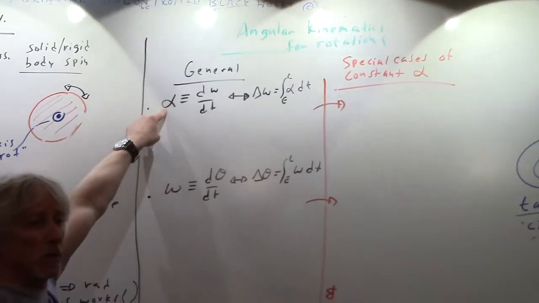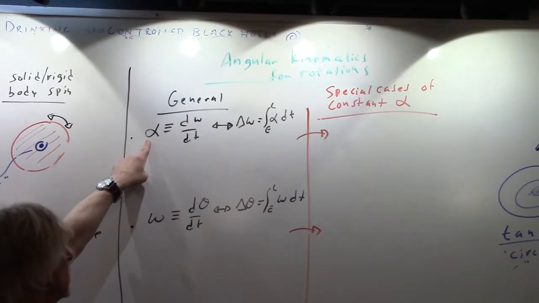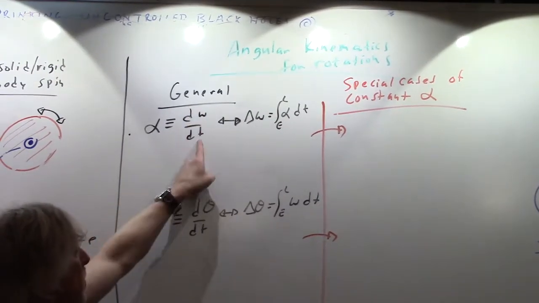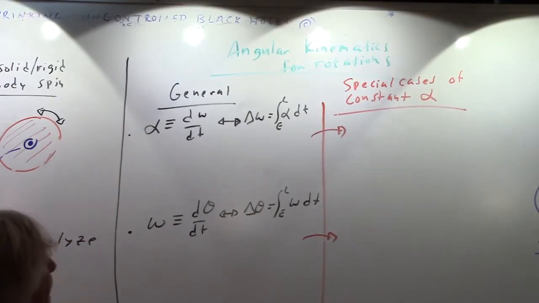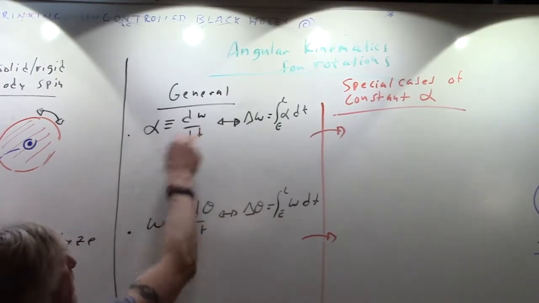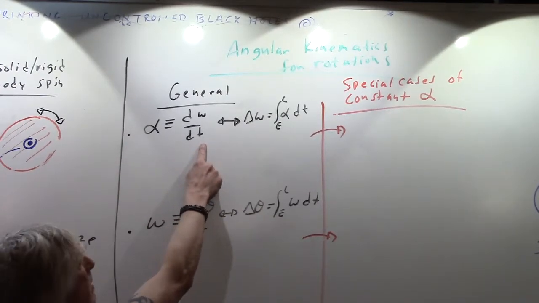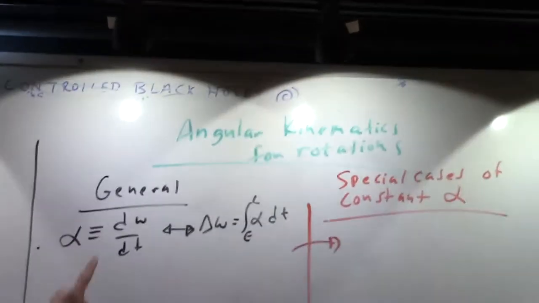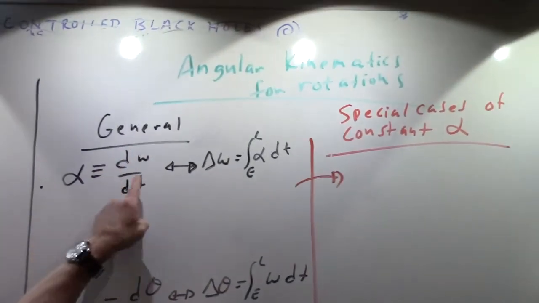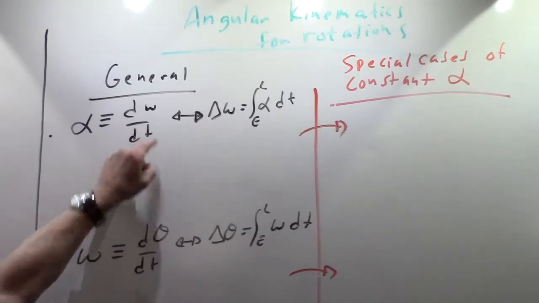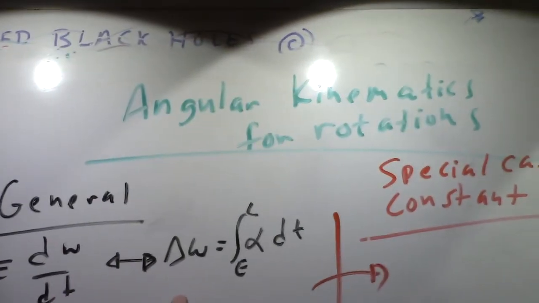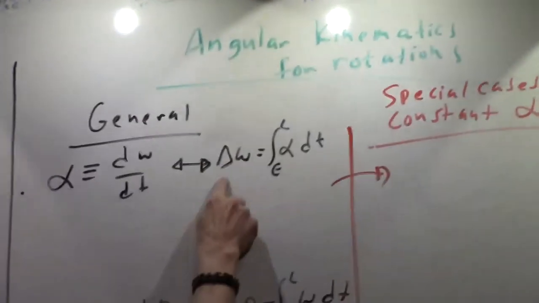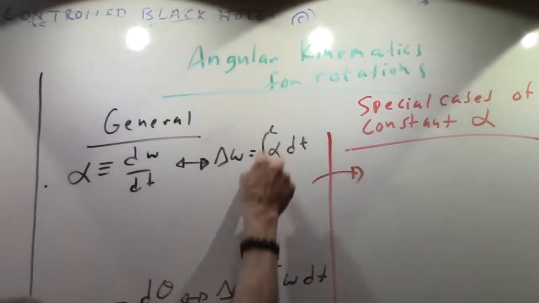Always when you see an equation, look at the units: radians per second, radians per second squared, right? In the derivative form, that can be evaluated at an instant, or you can do delta omega over delta t for an average. Or over an interval, delta omega is earlier to later.